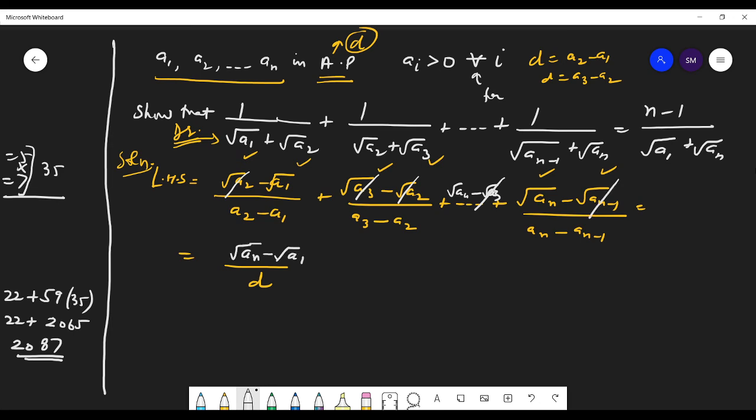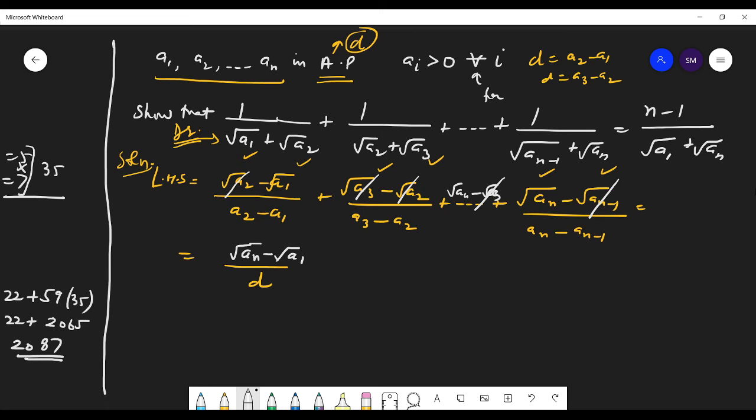Now let us see what we need to prove. We have to make this equals to this. So now what do you see in the denominator? We have to bring under the root a1 plus under the root an in the bottom. So we have to multiply with this term.